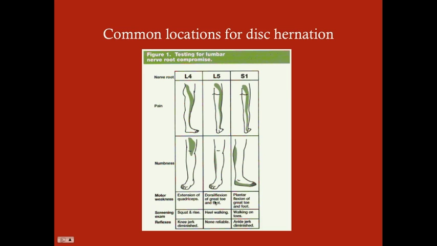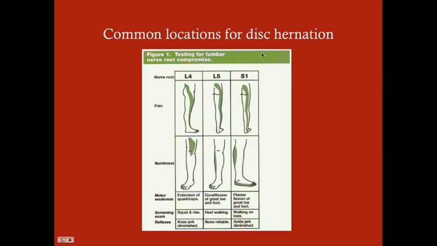So here we have dorsiflexion of the great toe and foot that's going to be affected, and the reflexes, there's none. So we don't have any reflexes that will be affected from the L5-S1 disc herniation, and so it's mostly going to be knowing that the weakness is going to be at the foot.